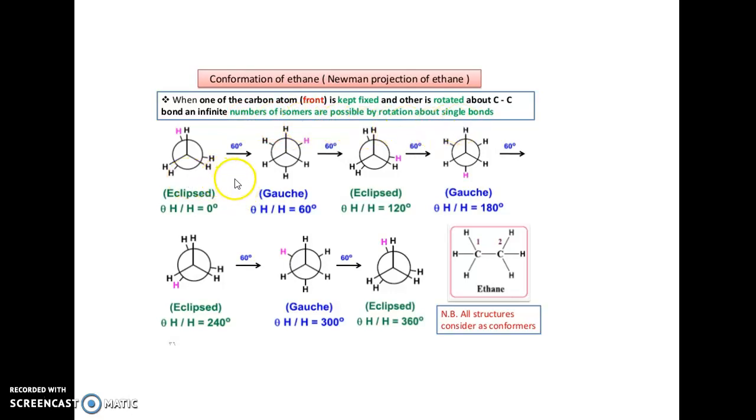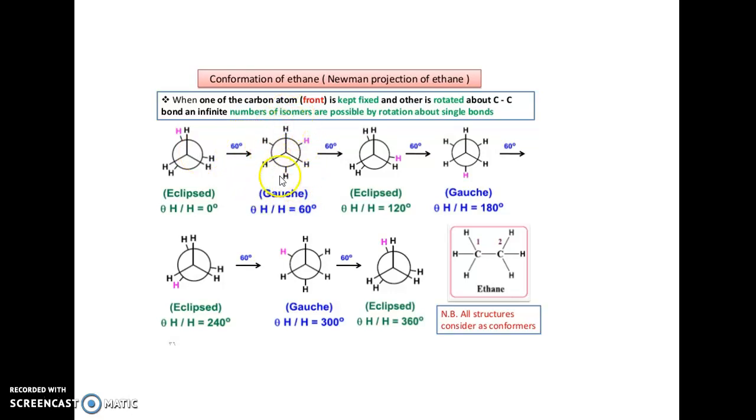So these are the possibilities. This is one eclipsed form. If the front is kept constant and the back carbon is rotated by around 60 degrees, you will get the staggered form.